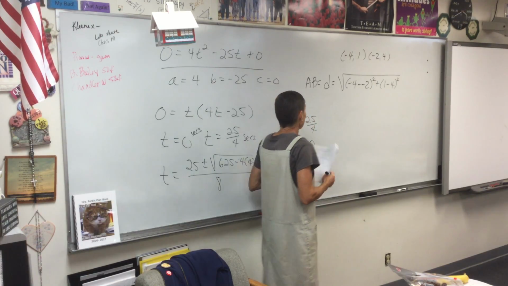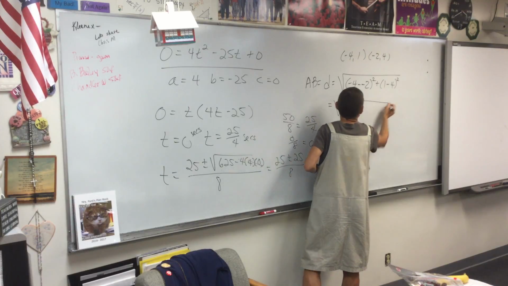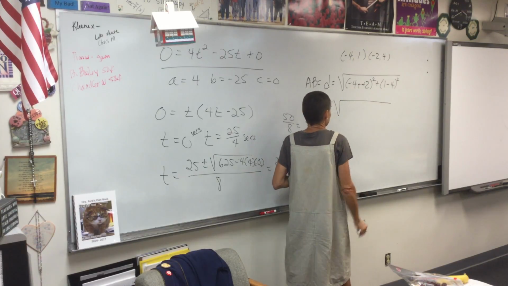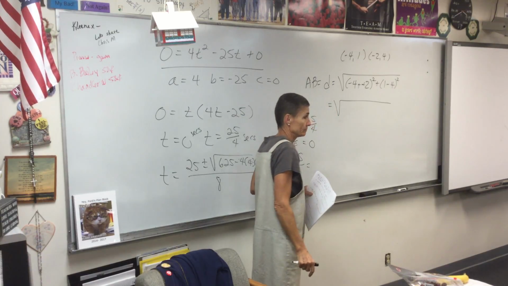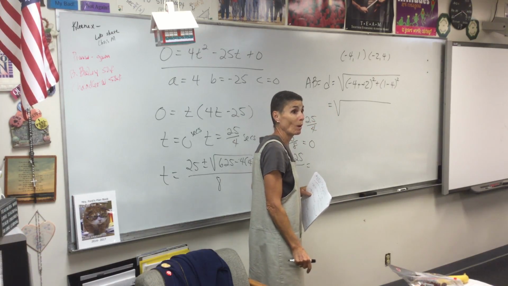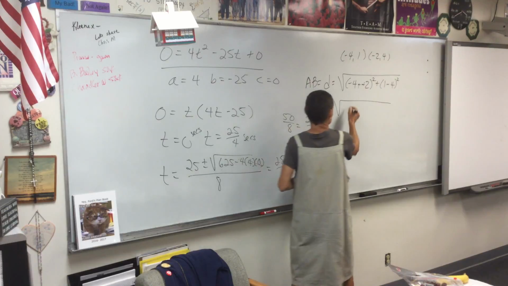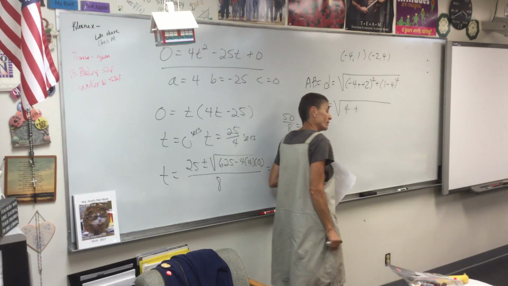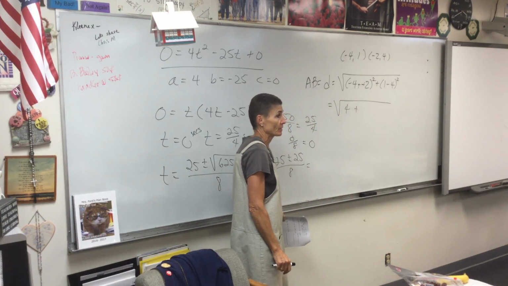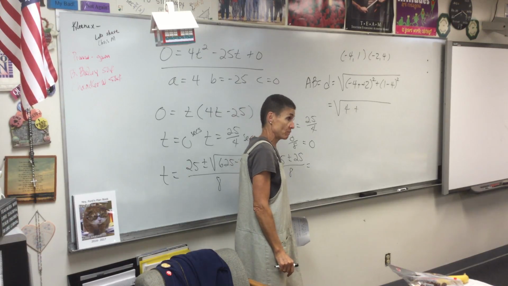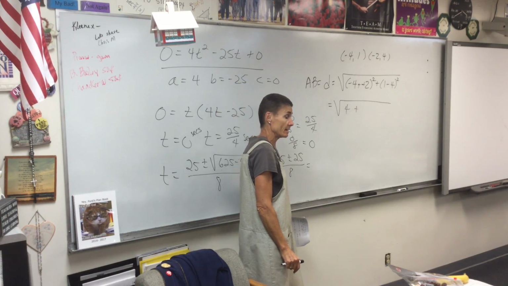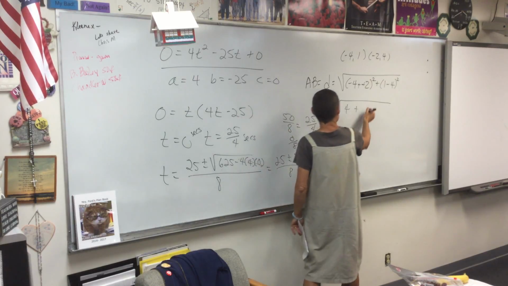Now, you do need to be careful with your arithmetic. -4 plus 2 is -2, squared is 4. When you square something, it's positive, unless it's i. 1 minus 4 is -3, squared is 9.